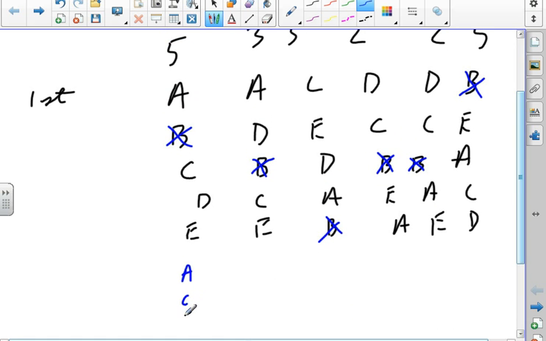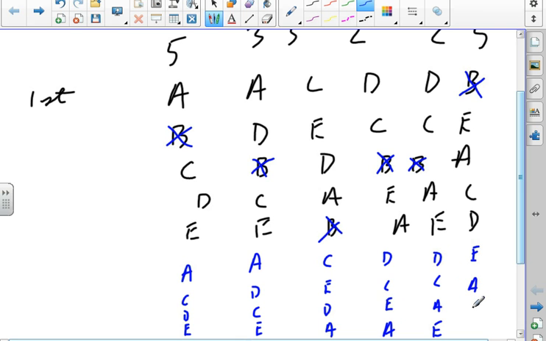A, C, D, E; A, D; C, E; C, E, D, A; D, C, E, A; D, C, A, E; E, A, C, D. And we can almost see the votes they had.